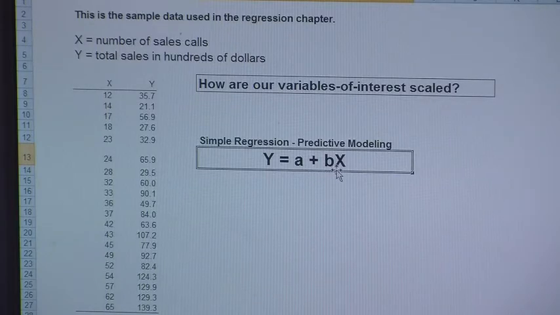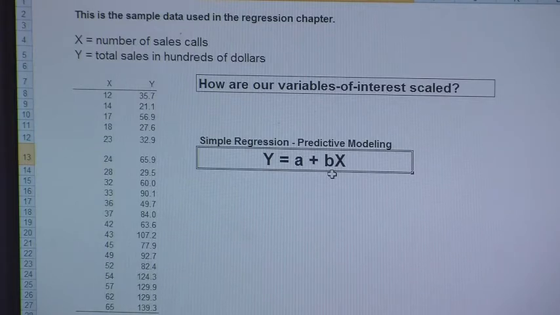And then in our b times x product, x is our independent variable. In other words, we're going to observe x to predict y. And b will be referred to in Chapter 12 in two different ways. It will sometimes be referred to as the slope of the regression line.